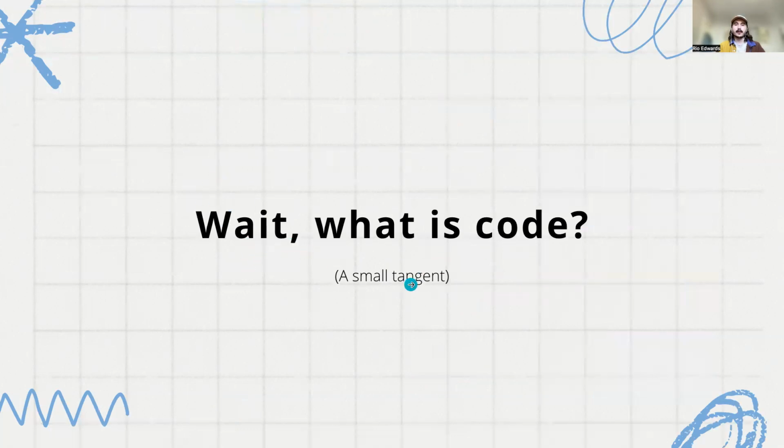As I started writing these slides, I'm passionate about code, and I couldn't help myself but want to explain just a slight tangent on what is code, what is really happening on your computer. So just a slight detour.